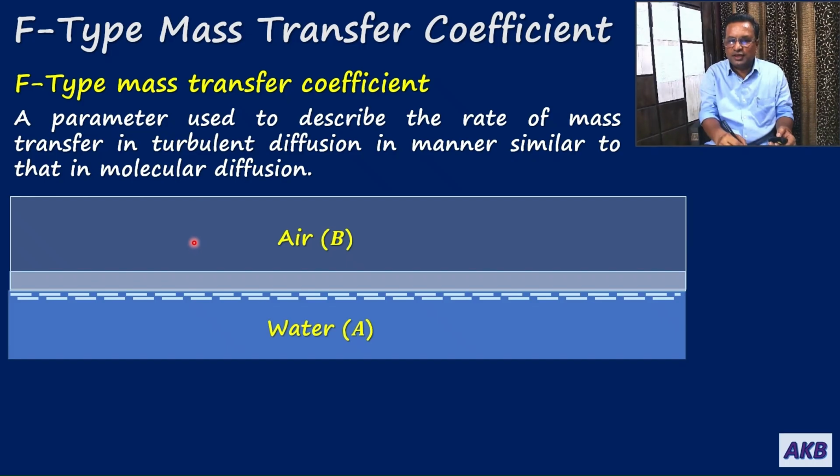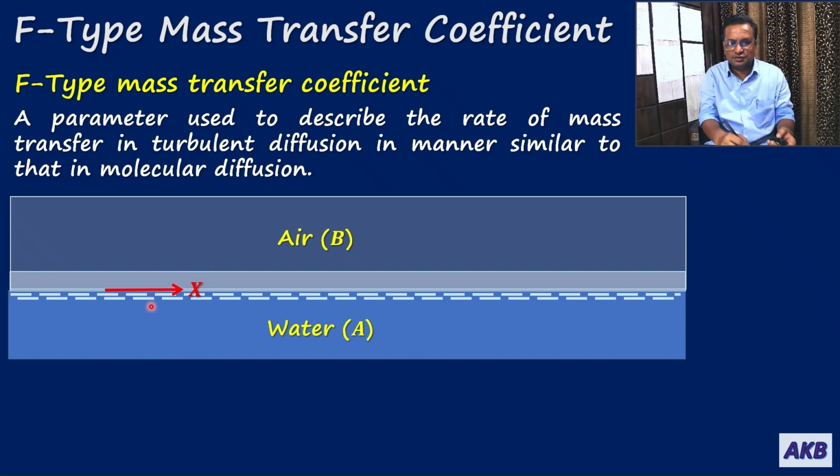Although bulk of the air is under turbulent conditions, under turbulent flow, air within this film is stagnant. That means laminar conditions are prevailing within this layer. Therefore, molecular diffusion will be predominant in this layer. Whereas in bulk air, which is under turbulent conditions, turbulent diffusion will be predominant.